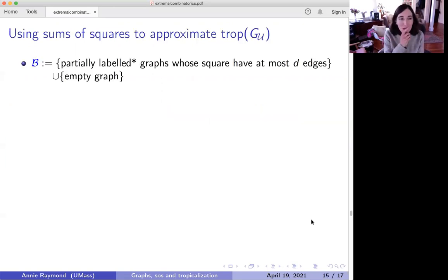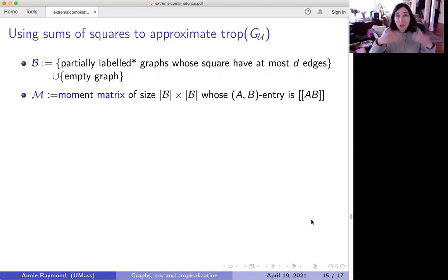So very quickly, how does this all relate to rational sums of squares? Well, we have our graph profile, and so now we could think about looking at everything that is accepted by sums of squares, right?